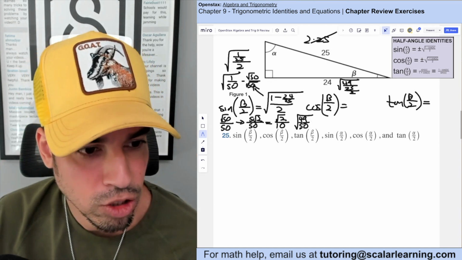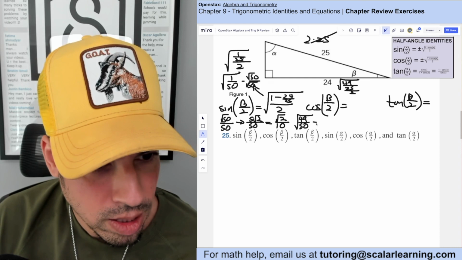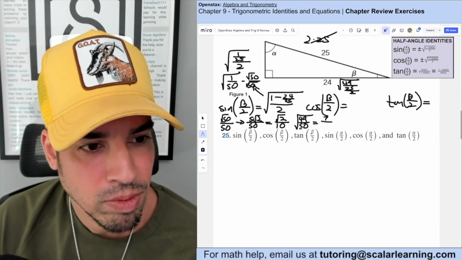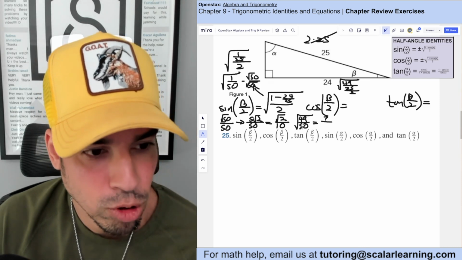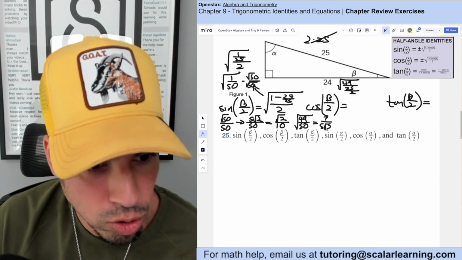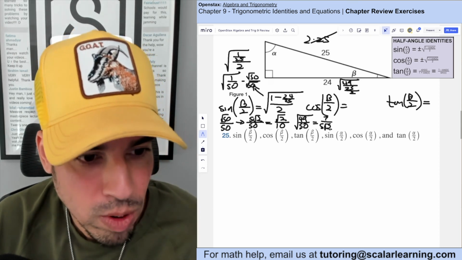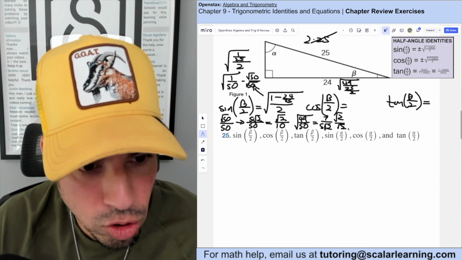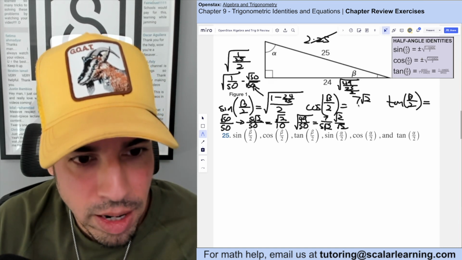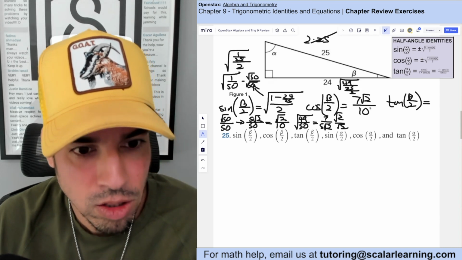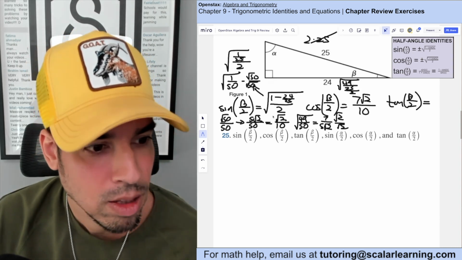This is pretty interesting because radical of 49 is just 7. And as we mentioned, 50 is really 2 times 25, which allows us to take the square root of the 25, which is 5, leaving a radical 2 on the inside. Last but not least, we want to rationalize the denominator, so we multiply by rad 2 over rad 2, and we get 7 rad 2 over rad 2 times rad 2 is 2 times 5 is 10. Okay, there's our second answer. And then let me box these.